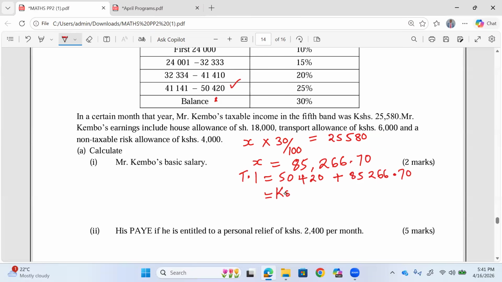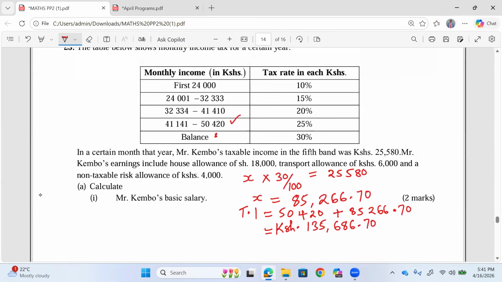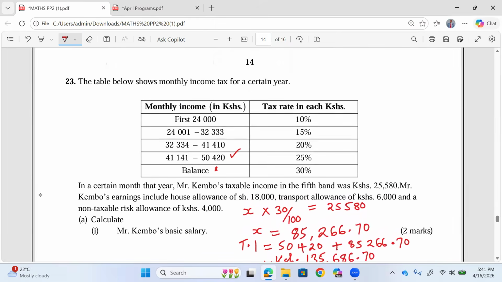It's going to give us, in Kenya shillings, 135,686.70. So that is now the taxable income for Mr. Kempo.